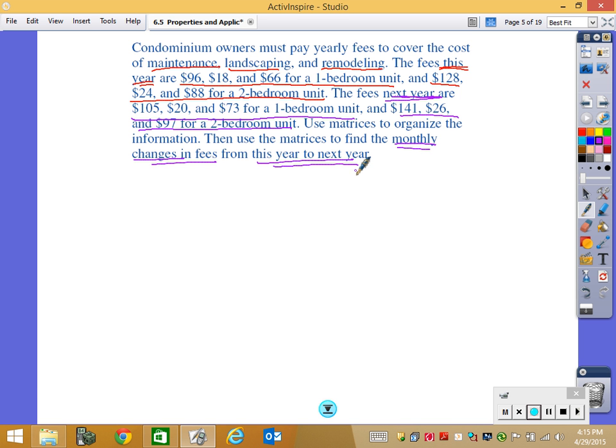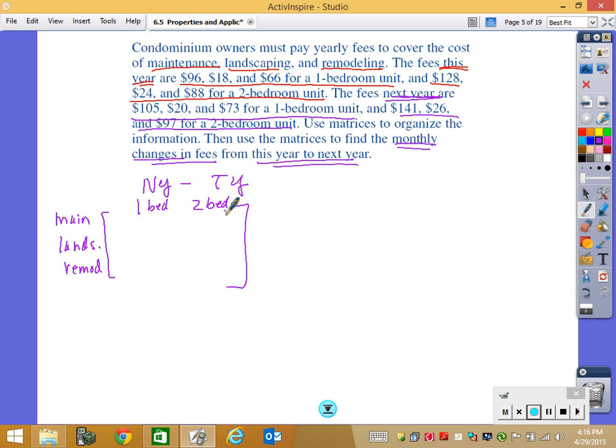So if I'm going to find a change, I'm going to have to take next year minus this year. So I have 3 costs and 2 units. I'm going to say maintenance, landscaping, and remodeling. And I'm going to put that 1-bedroom and 2-bedroom. So first I need next year.